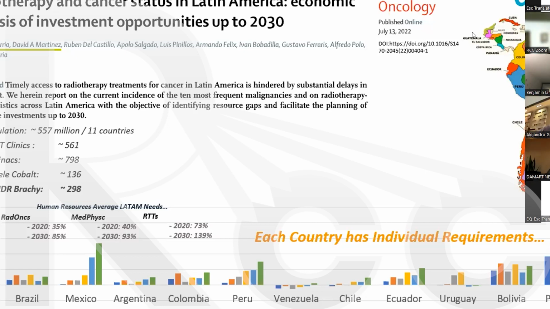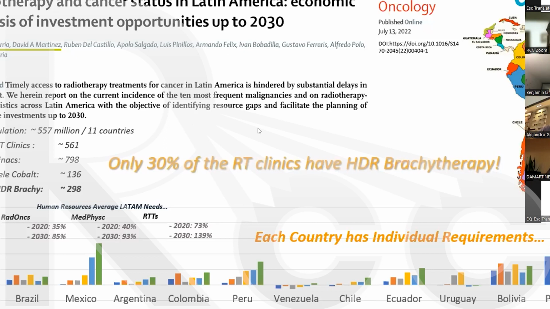Latin America has around 561 clinics, 798 linear accelerators. We still have some cobalt units installed, and around 298 brachytherapy machines. For example, 30% of the clinics only have brachytherapy, and we know that this is a very important resource.